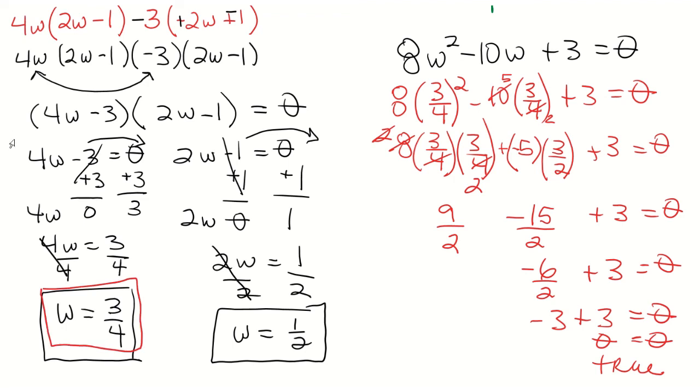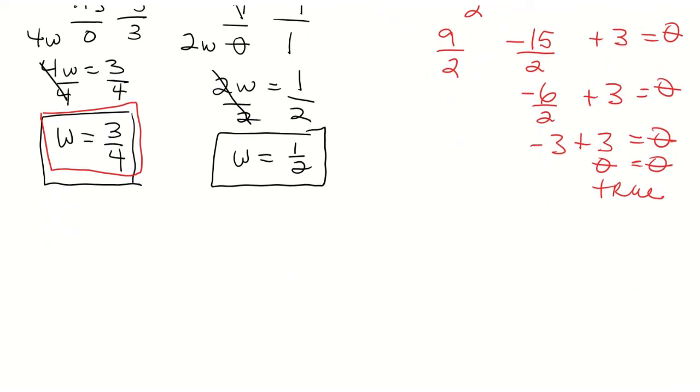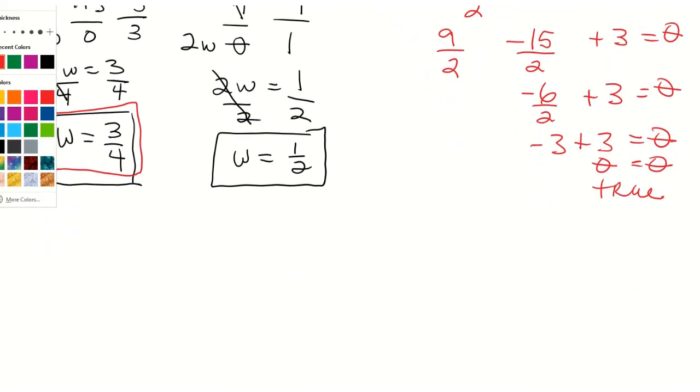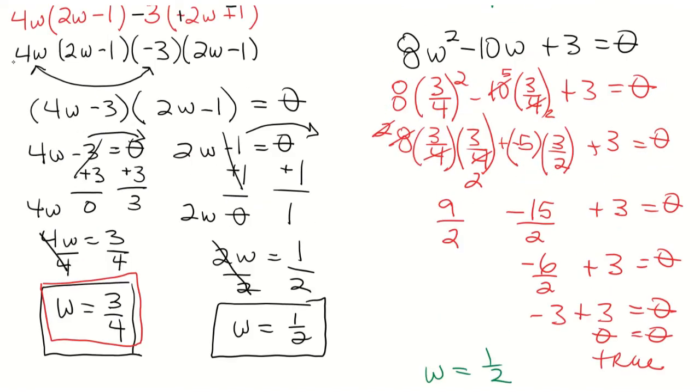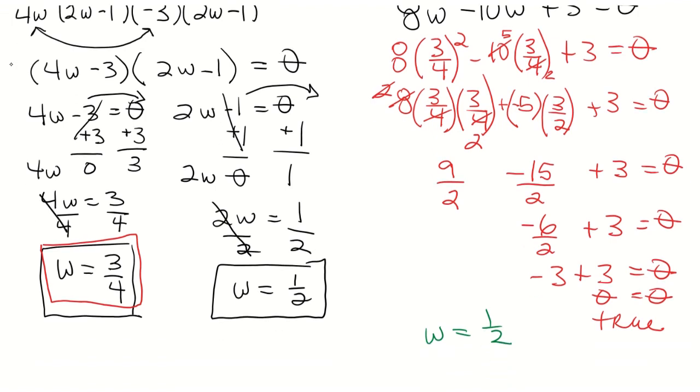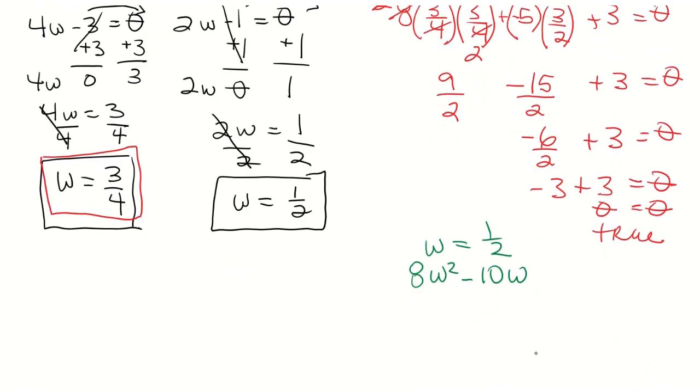Let's do the same thing for w equals 1/2. So now we want to test w equals 1/2. So we're going to our original equation. That was 8w squared minus 10w plus 3 equals 0.